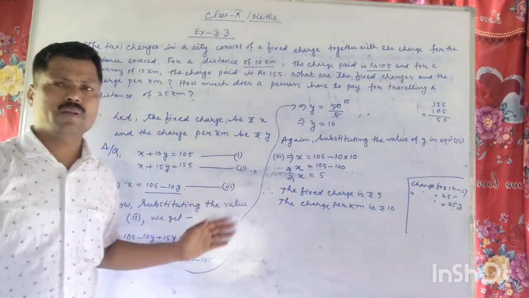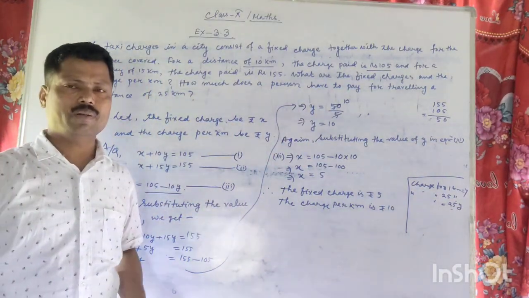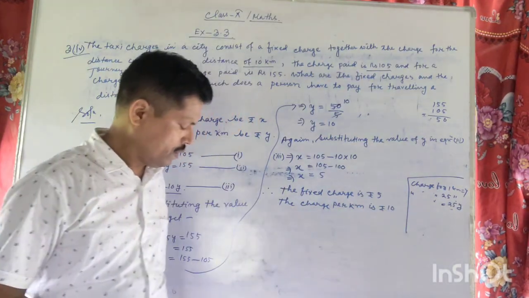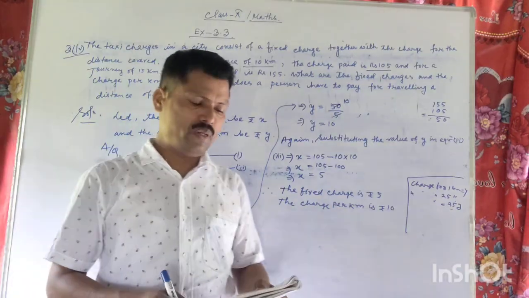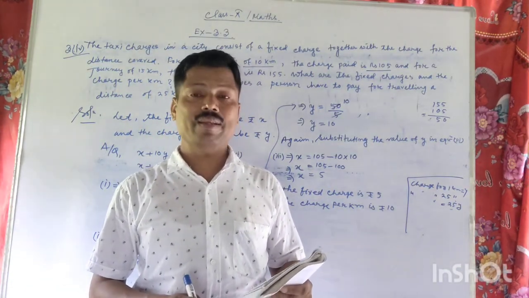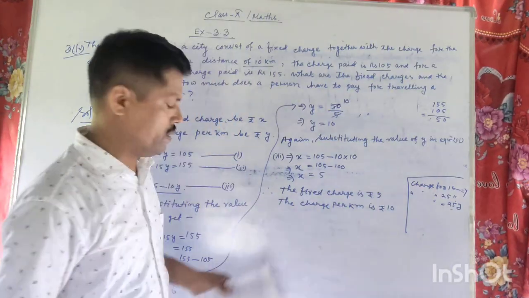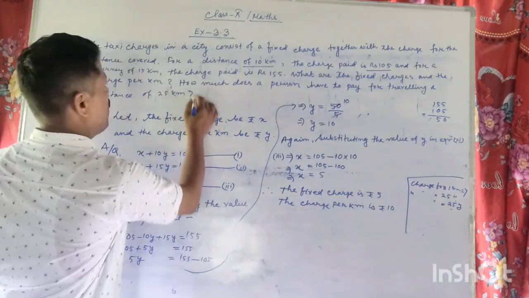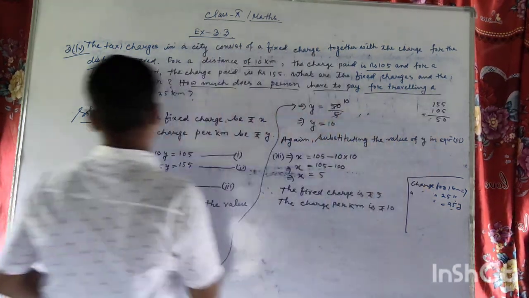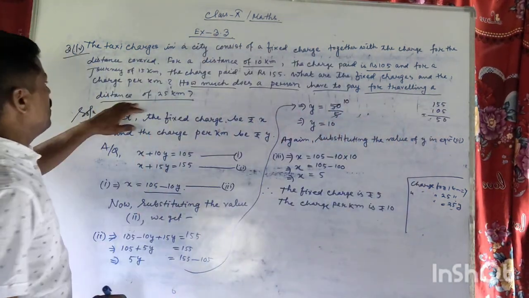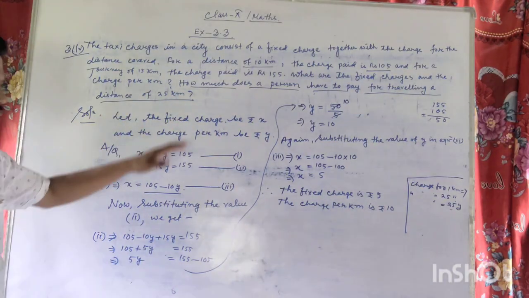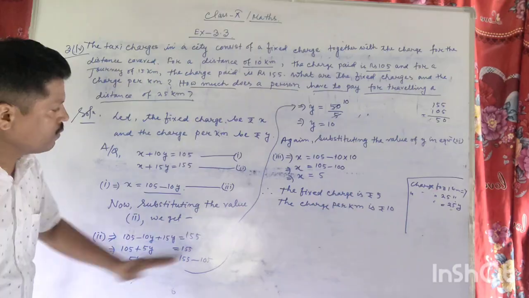Now this first part is almost solved, and for the second part we have to find out for 25 km. The question is how much does a person have to pay for traveling a distance of 25 kilometer? So the first part is almost over here.